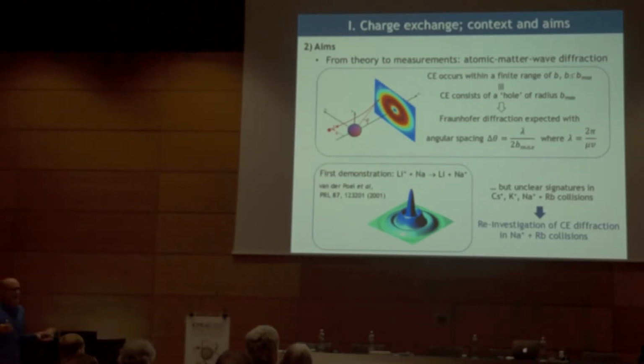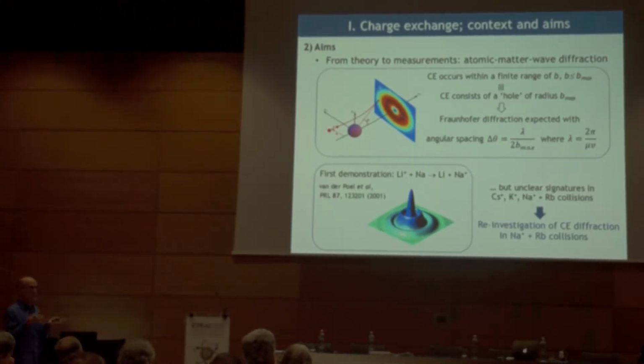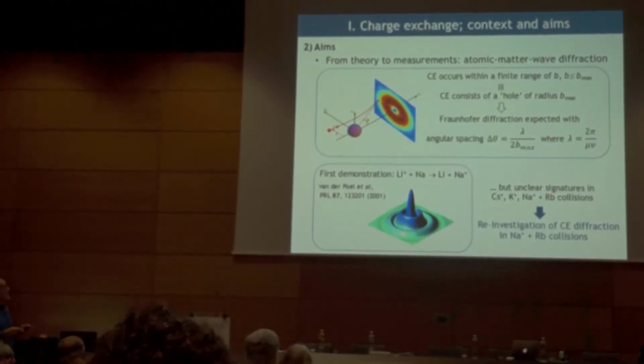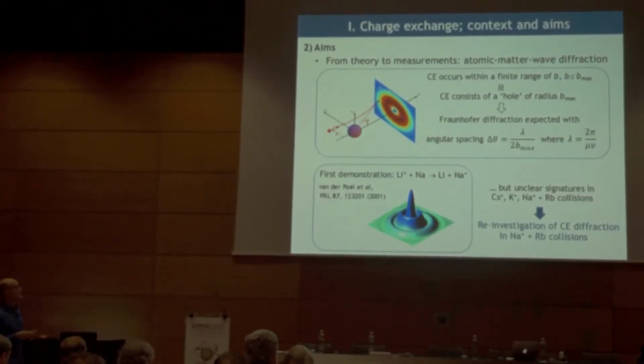Otherwise, the projectile cannot catch the electrons. So I say here that CE occurs within a finite range of impact parameters, let's say b less or equal to b max. In this respect, the CE wave, that is all the nuclear trajectories which are of interest for a given charge exchange process, consists of a hole of radius b max.